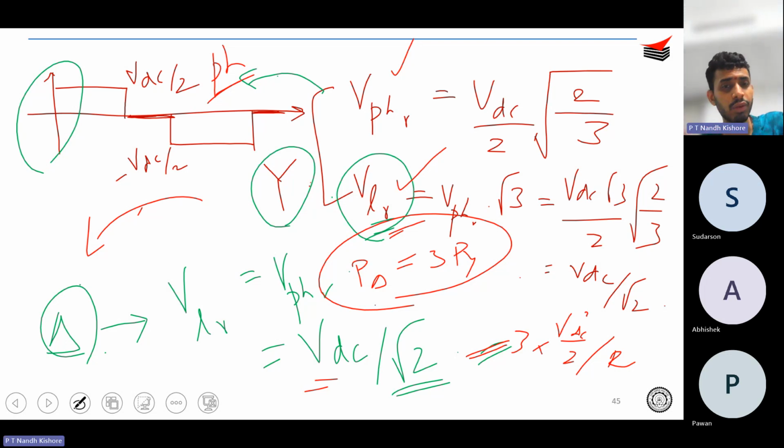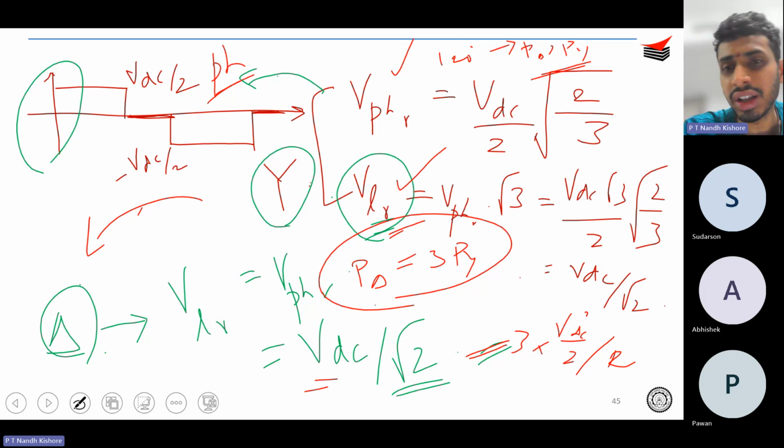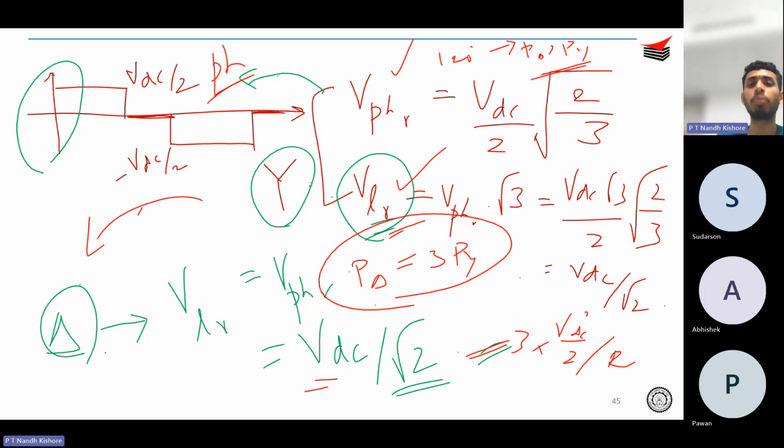So you see that in this 120-degree mode, P delta is more than P star. So if you connect the load in delta mode, you are going to get more output power, right?